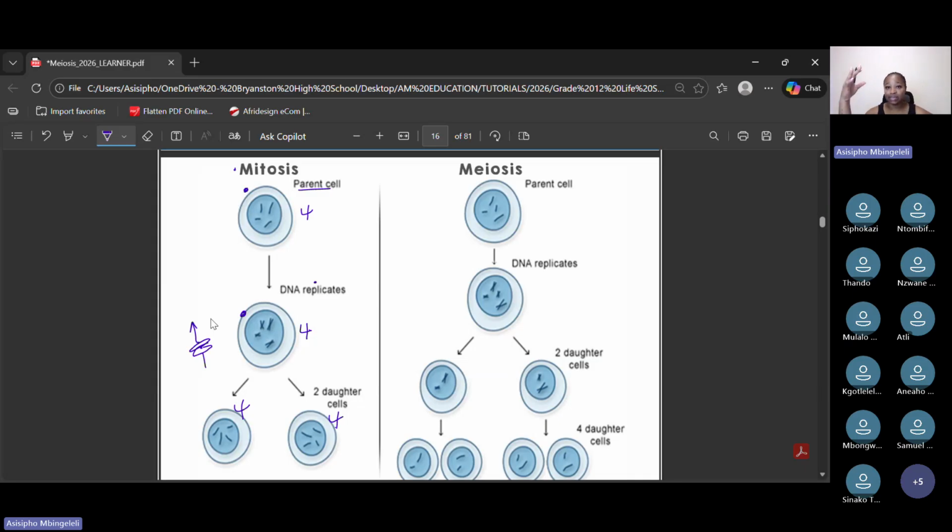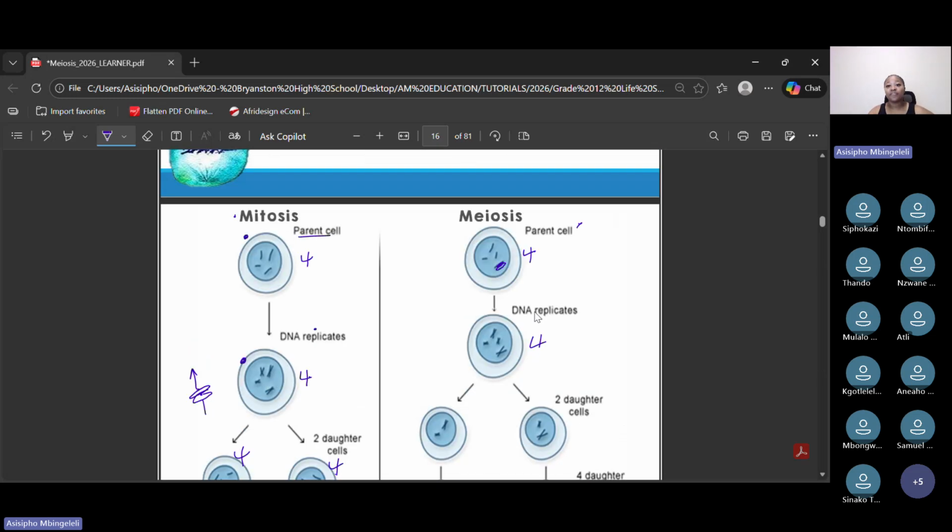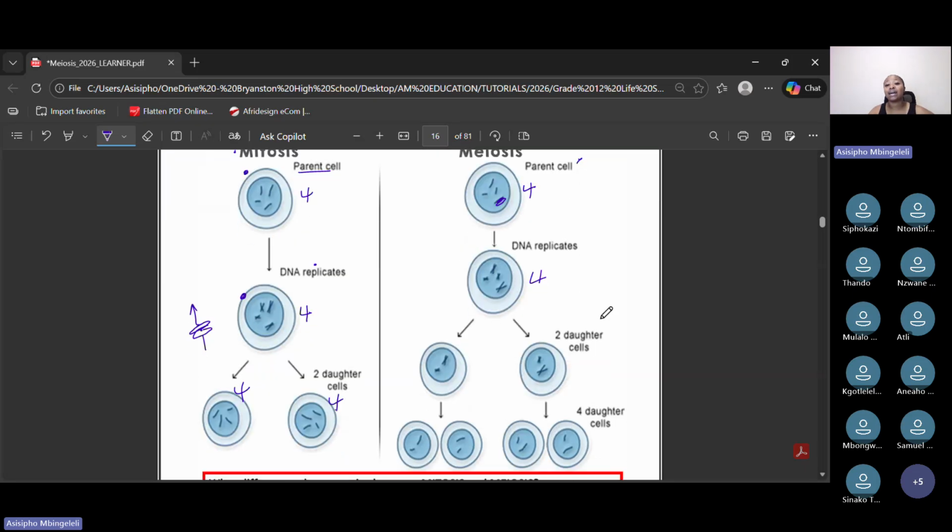Now, in a meiosis division, this is the same parent cell. How many chromosomes can we see here? 4 chromosomes. And then the cell undergoes DNA replication. This chromosome made up of one chromatid is going to make a copy of itself. Then we have a cell that has 4 replicated chromosomes before it undergoes meiosis. Then what do we have at the end of meiosis 1?